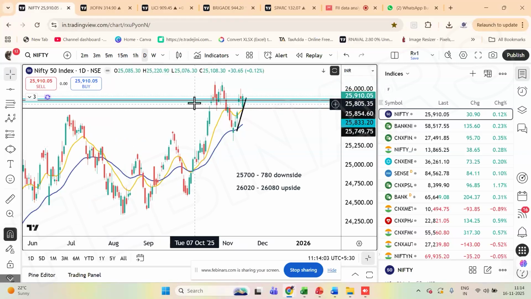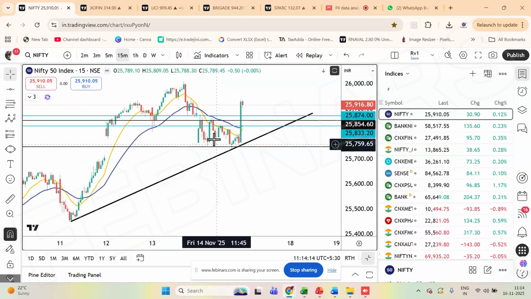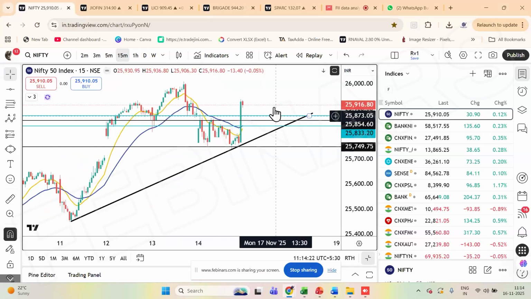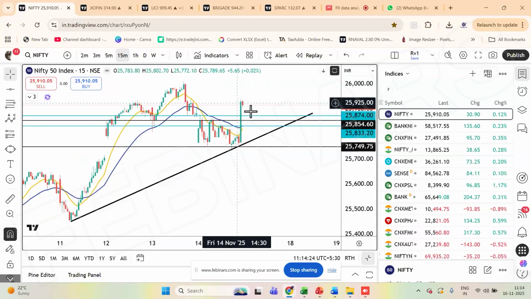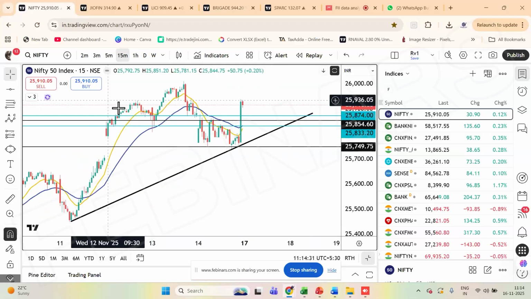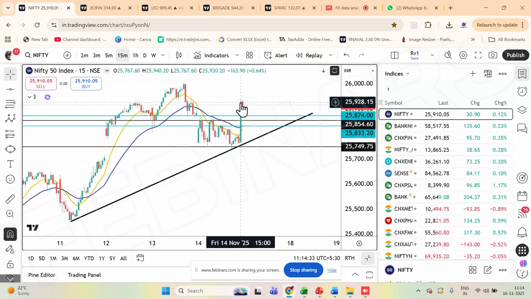Until 25,750 to 25,720 is broken, I would be a buyer in this market. At least as of now, the previous candle has to be taken down. Provided the time consolidation happens after a bull candle and the reversal starts, that would be my plan to take the entry on the Nifty. That is the short term Monday's analysis for the Nifty.